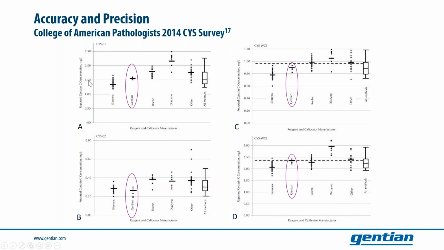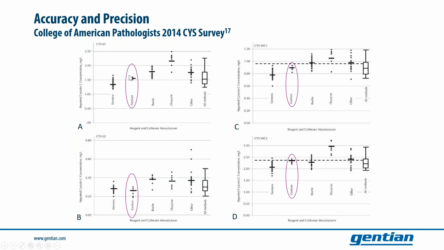Sample A has an average measured concentration of about 1.55 milligrams per liter, and each dot here, you can see the spread for the different measurements. You have the Siemens, Gentian, Roche, Diazyme, a group of other methods, and then the average of all on the right.